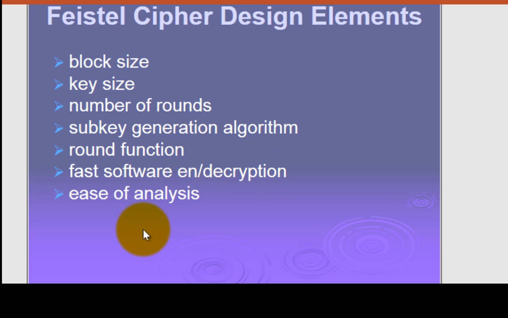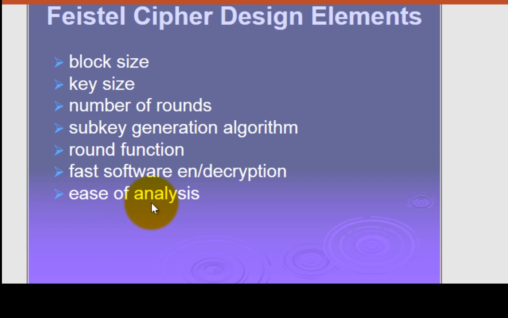The software has to encrypt and decrypt very fast. You shouldn't wait a long time for encryption or decryption, because if you select a very huge block size or key size, your software will slow down. That's the reason why you have to select a moderate block size, a moderate key size, and also a moderate number of rounds.